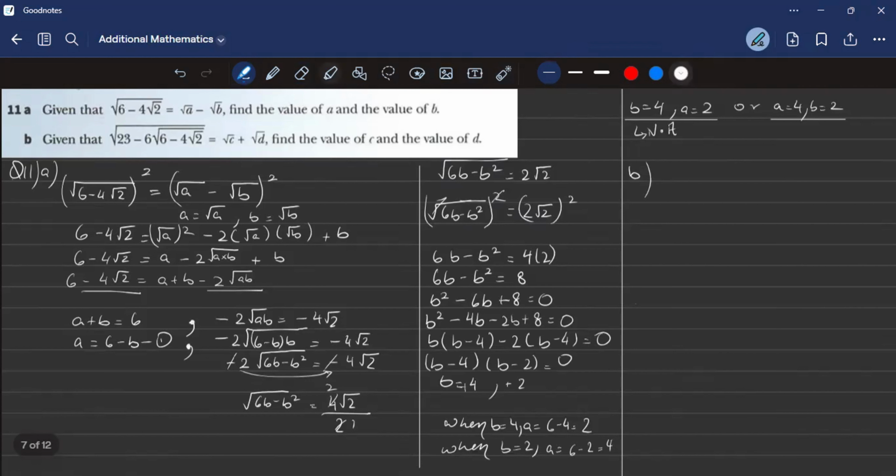Now in part B, we notice something, and that's this. This is an under root inside an under root inside an under root. So under root 2 is inside two under roots. What we have done before is one under root.